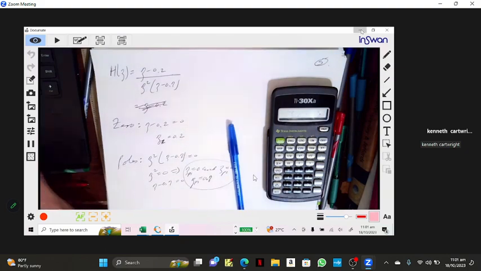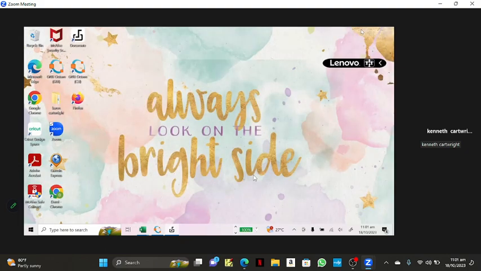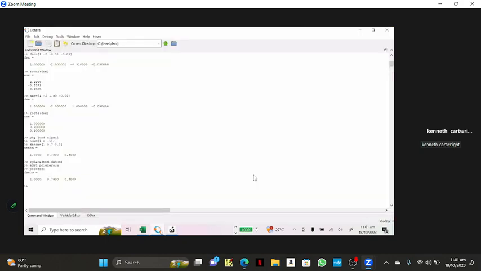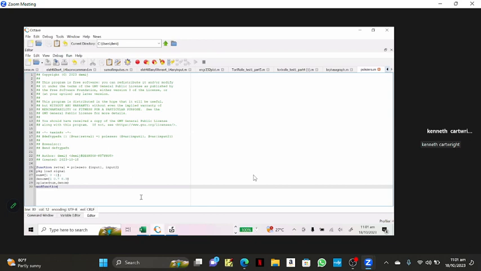All right. And now let's put this in Octave. So I go to the editor. Do you all see my file? Yes, I see it. Okay.